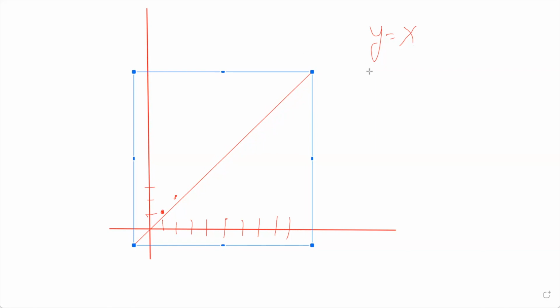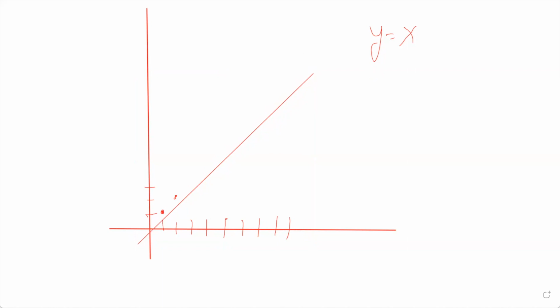If y will be 2x, I'll write here y equals 2x. Look what happened to the line now. My line will go x equals 2. 2x means rise over run. That means I'll go 2 up, 1 to the right. 2 up, 1 to the right.